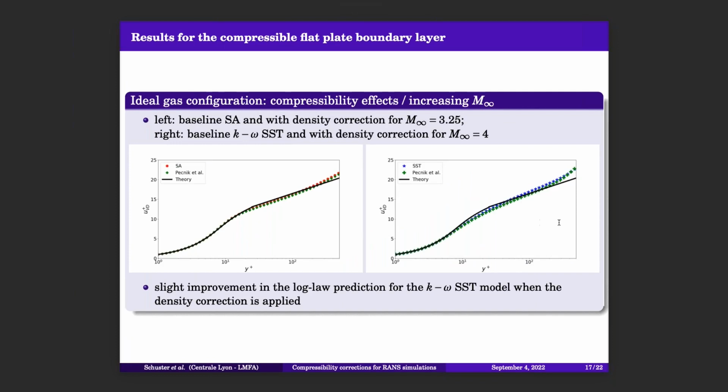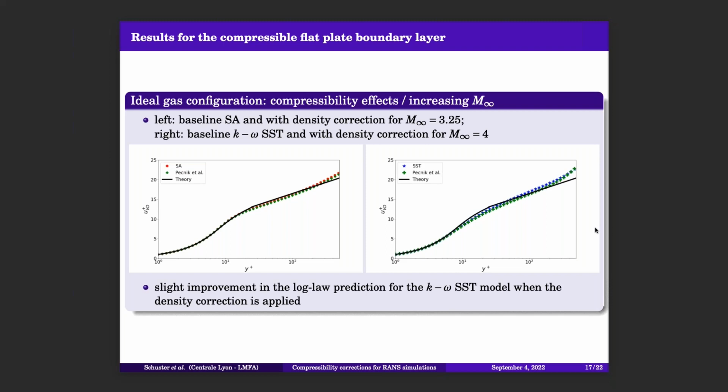And now here, thanks, we see the comparison with the baseline and the modified model for the 3.25 computation on the left with Spalart and Mach 4 computation on the right with SST. So with Spalart, we really don't see much difference. We have analyzed this with the contribution of the terms, but I'm not showing details here for lack of time.